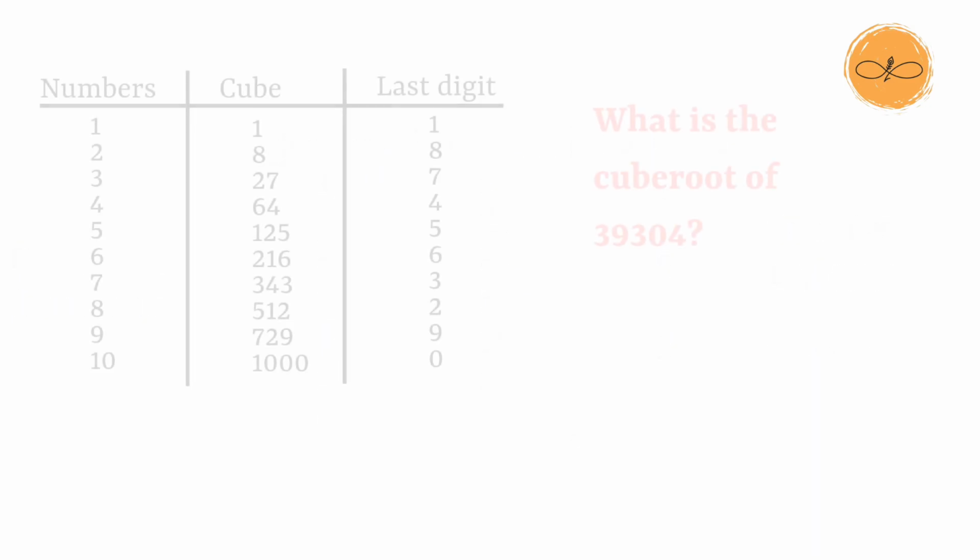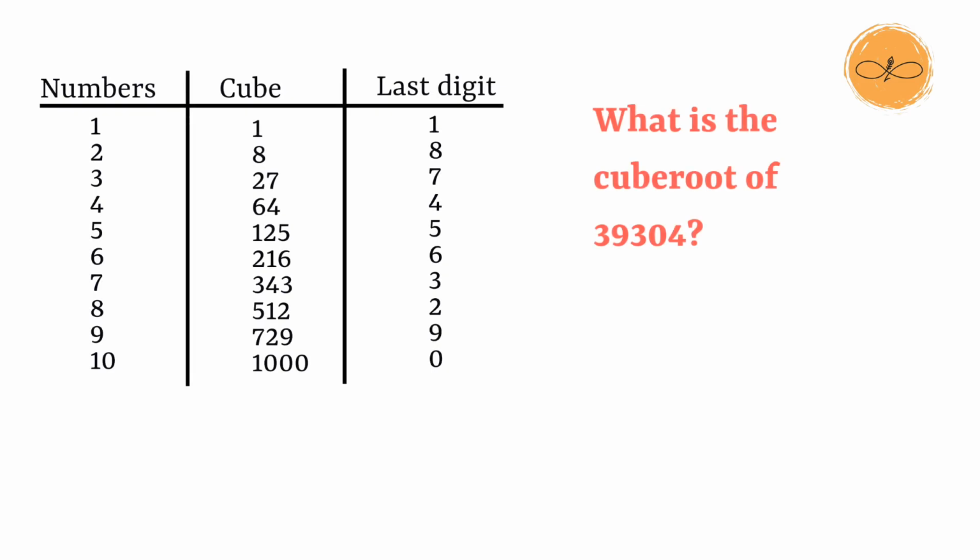So let's do the trick. What's the cube root of 39,304? The first thing I want you to do is look at the last digit. The last digit of 39,304 is 4, which we're going to put in the box. So we look up 4 in the last digit, and that corresponds to the number 4, so we write down the number 4.